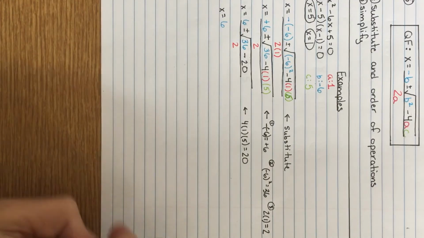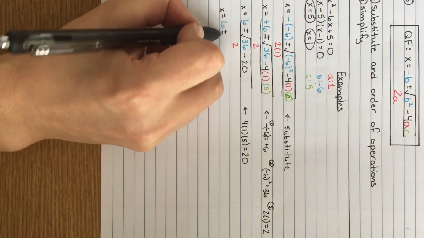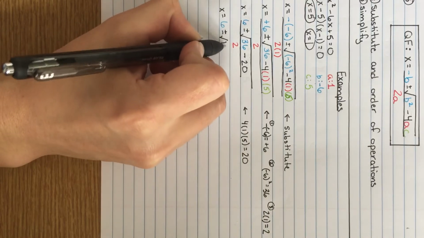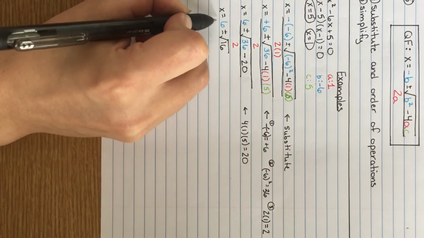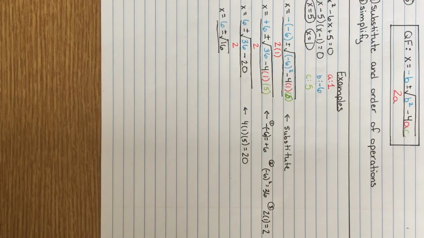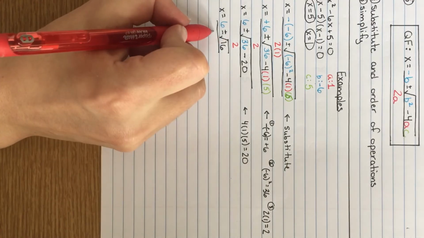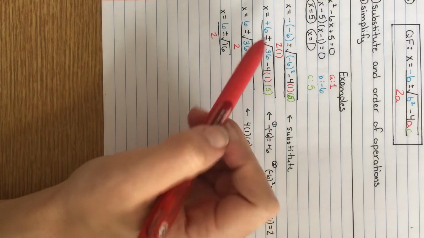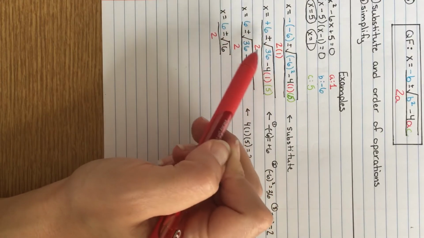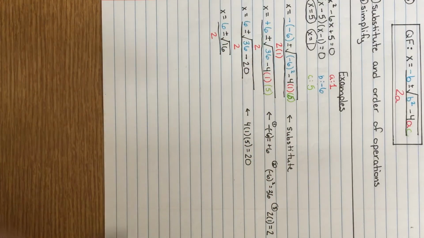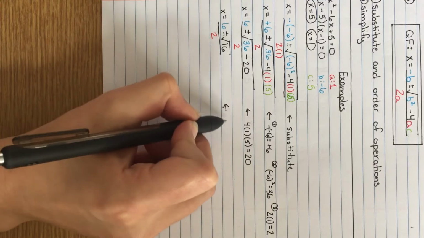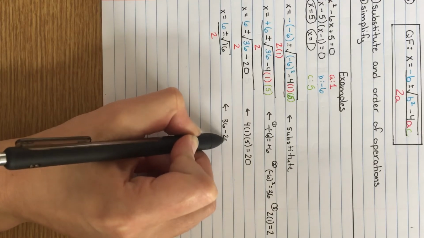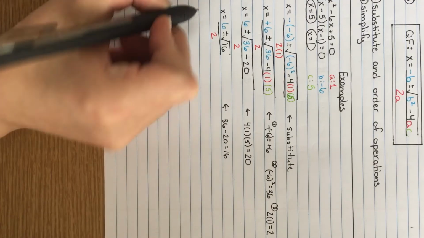6 plus or minus the square root of 16 over 2. So these values are not changing. The 6 follows all the way down. The 2 follows all the way down. In this step, I did my 36 minus 20, and that's where I got my 16.